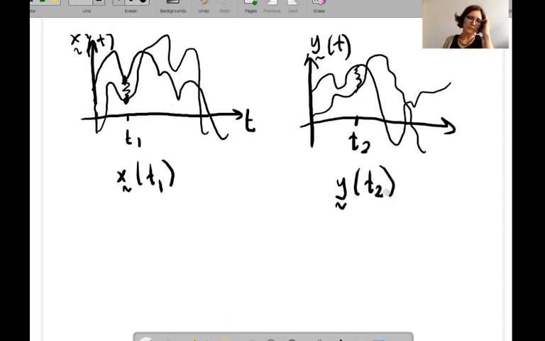Probably the first way we might think of to define the independence of two random processes is to say, okay, I will call these two random processes independent when the random variables x of t1 and y of t2 are independent random variables. That might be a good try. However, the concept of independence is actually stronger than that. The definition we will see here is not exactly this, but something stronger that implies this.